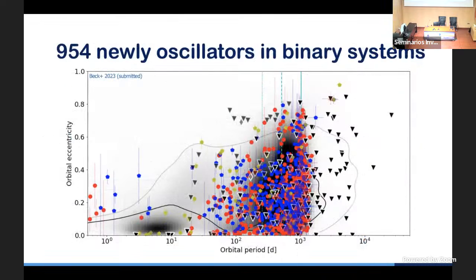So this is the diagram as we get it. This is the orbital plane, the orbital period on the horizontal and the eccentricity on the vertical axis. And those are the ones that seem to be too short, because the orbit would be smaller than the giant. However, it's reported that due to some artifacts, extremely short periods are reported for actual binaries. So that's why we kept them in.